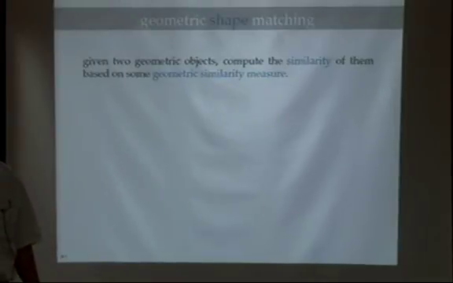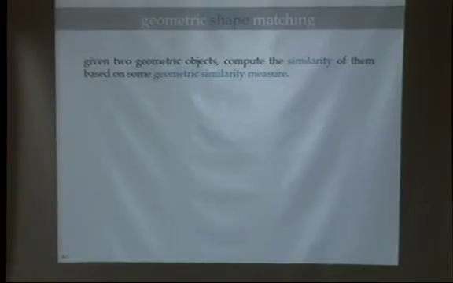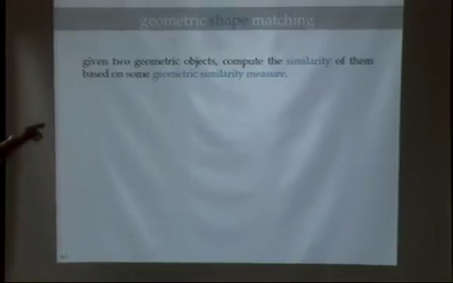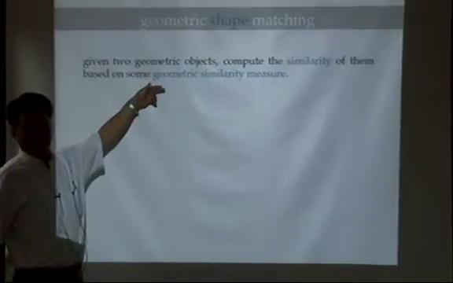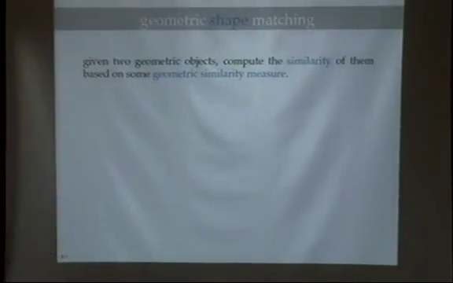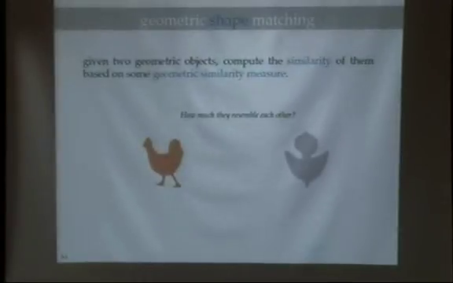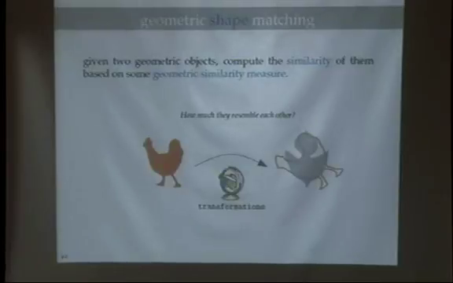It depends on some taste, right? So we need some more concrete measure called geometric similarity measure. Right? So we are given two shapes, two objects, and usually we apply some transformation there. Well, translation, rotation, or scaling even, then we measure how similar they are.